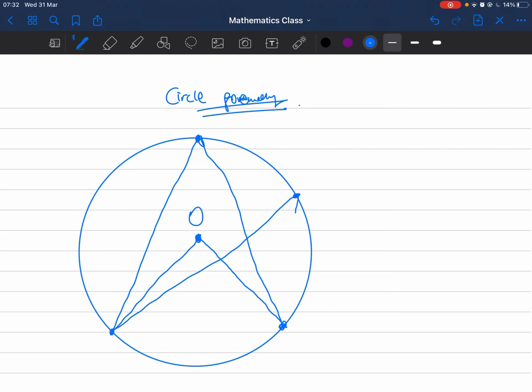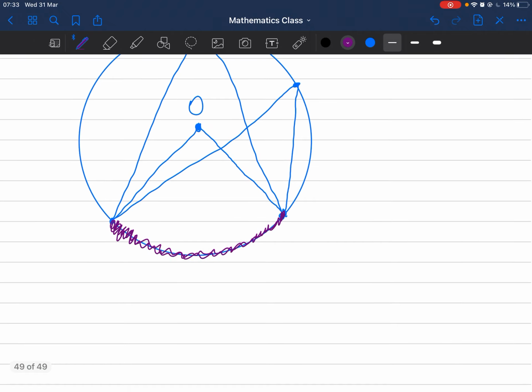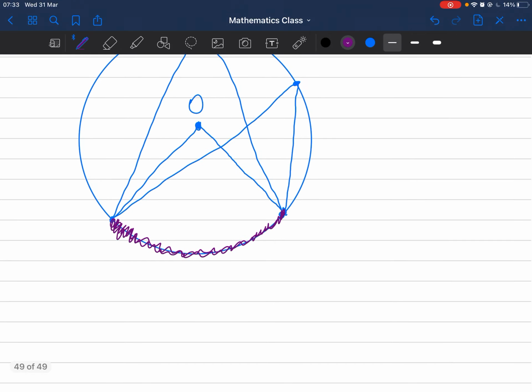I want you to notice that all of these chords subtend from the same segment. All of them come from the same segment.